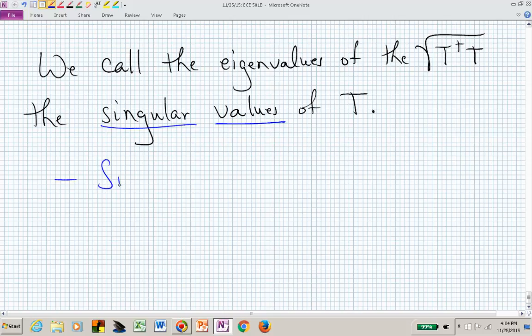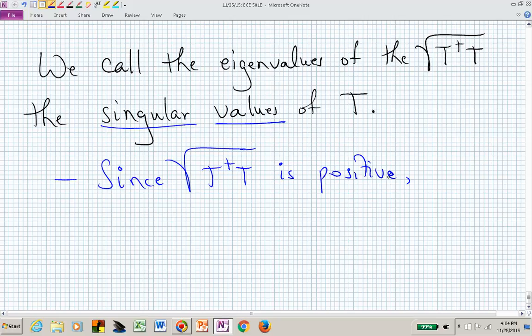And we can make a couple of comments about those singular values. Since the positive square root of T dagger T is positive, which again, that's maybe an overstatement, they are non-negative. So since this is a non-negative matrix, or I guess we've called it a positive matrix, let's just keep with that terminology.